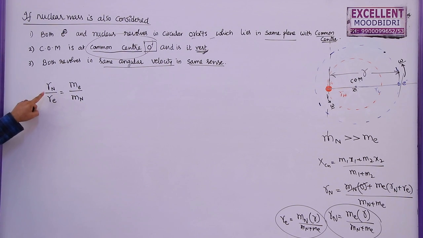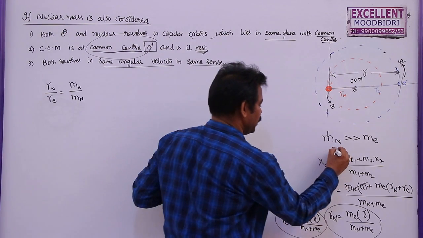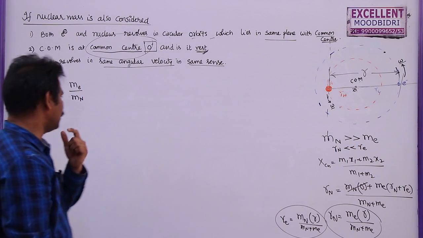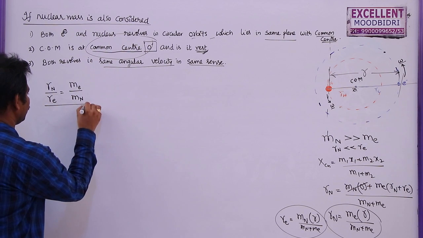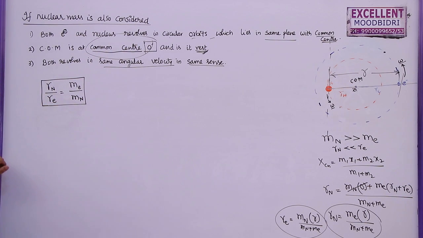So when the mass is more, the radius will be less. Here the mass of the nucleus is more, so the radius of the nucleus orbit is less than the radius of the electron orbit. This is the relation between the radius of the nucleus orbit and the radius of the electron orbit.